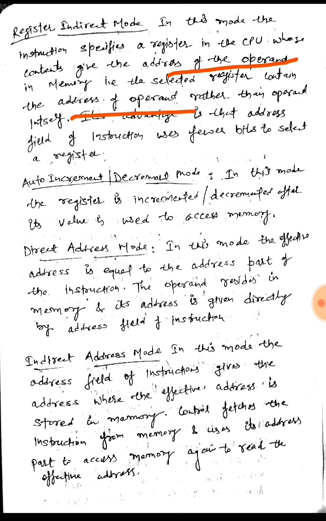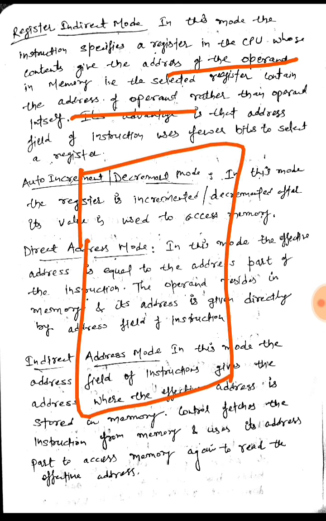Then we have auto increment and decrement. So in this mode, the register is incremented or decremented after its value is used to access memory. So the value will be auto incremented. That is, if I have used the location, that is if it was the address 200, then it will auto increment to 201.